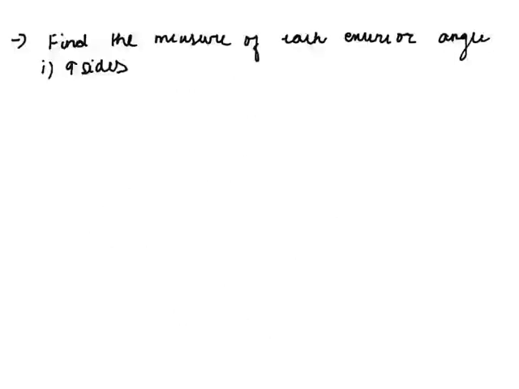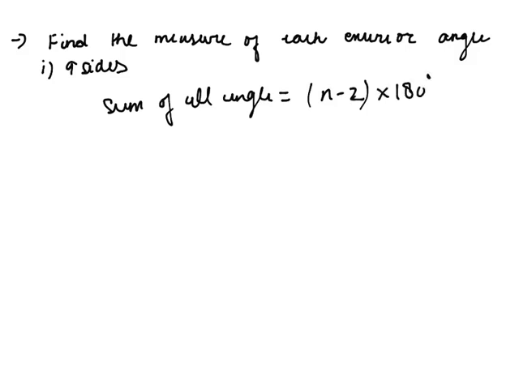Let's take the next question. We have to find the measure of each exterior angle of a polygon with n sides. Now in this we will use the formula. We know the sum of all angles of a polygon with n sides is equal to (n minus 2) times 180 degrees. Here n is equal to 9 as it has 9 sides. So we will put n equal to 9. (9 minus 2) times 180, it means 7 times 180 will give us 1260.